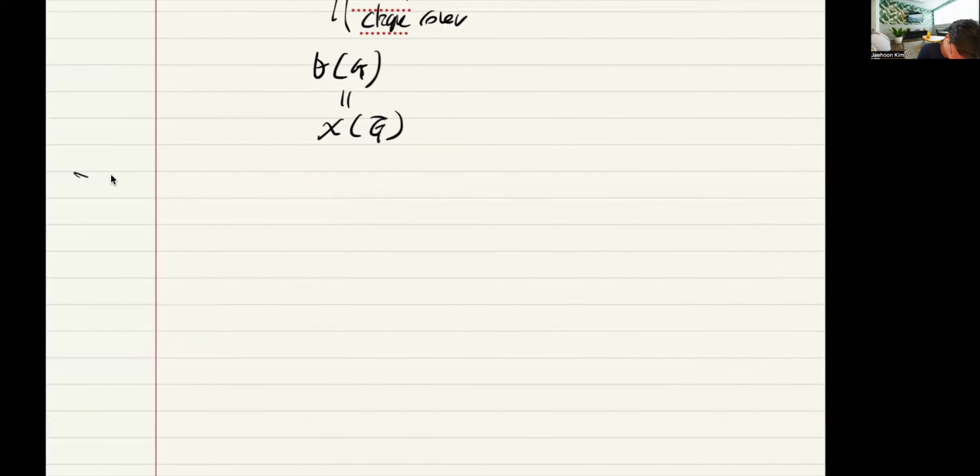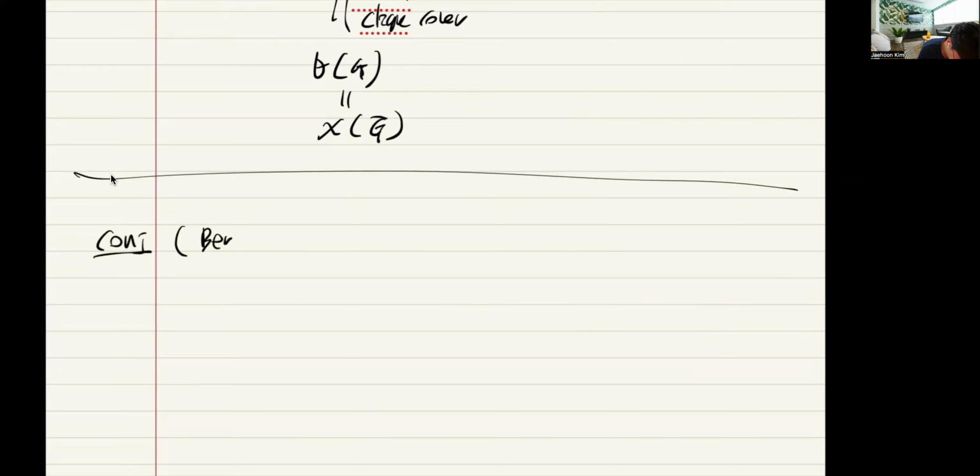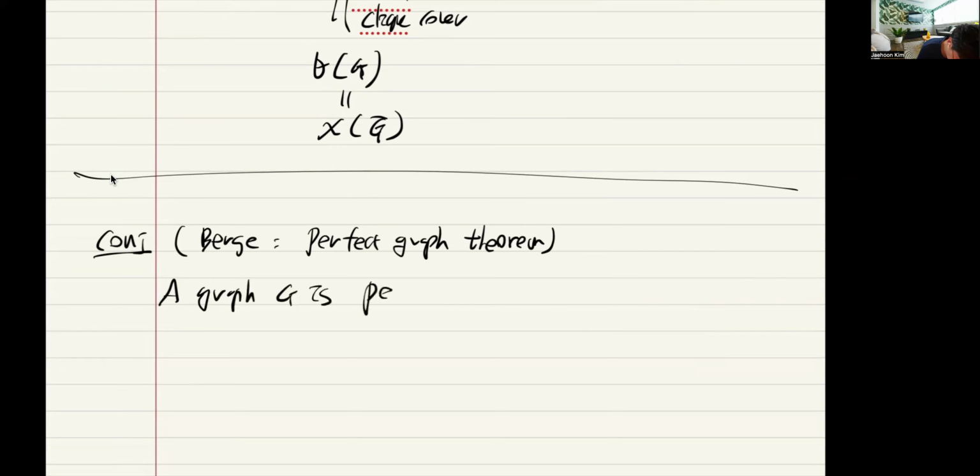So, based on this pattern, there is this conjecture by Berge, which is called the perfect graph conjecture, and now it's called the perfect graph theorem, which says that a graph G is perfect if and only if its complement is perfect.